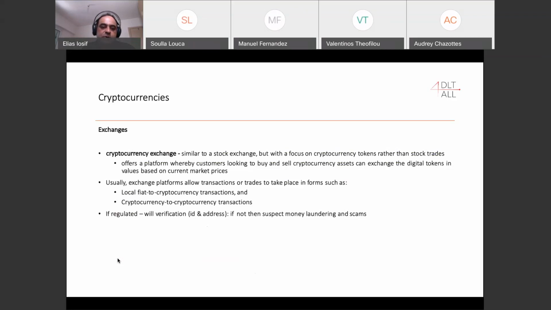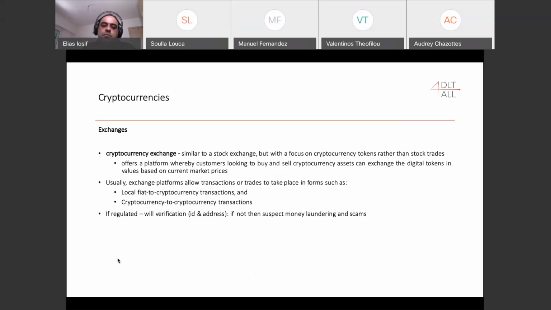By that, we refer to a service similar to what we know in the traditional banking sector, where, for example, you can exchange US dollars for euros. This is, by analogy, possible in the world of cryptocurrencies, where you can exchange Bitcoin for XRP, XRP for Ethereum, and so on.